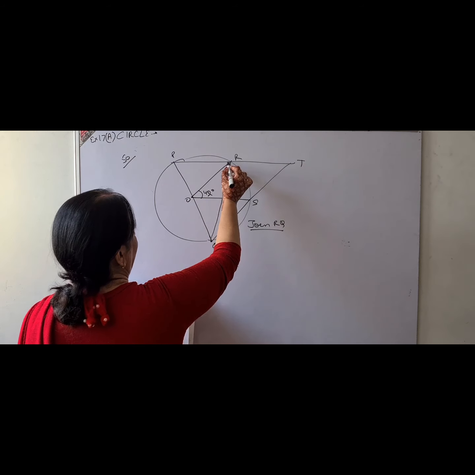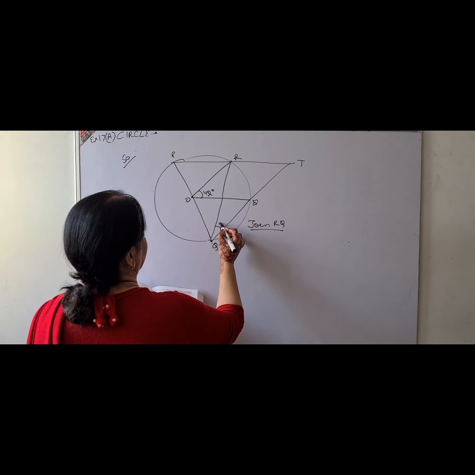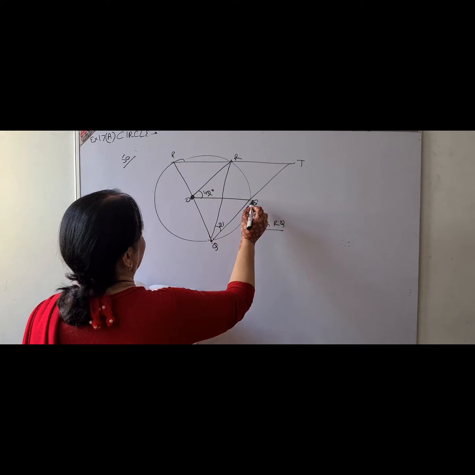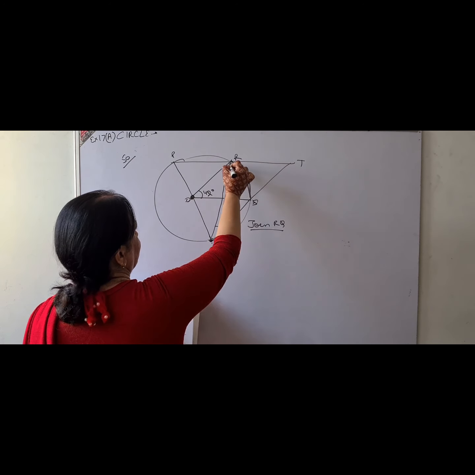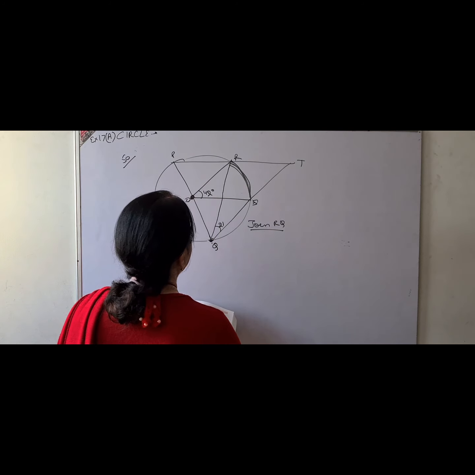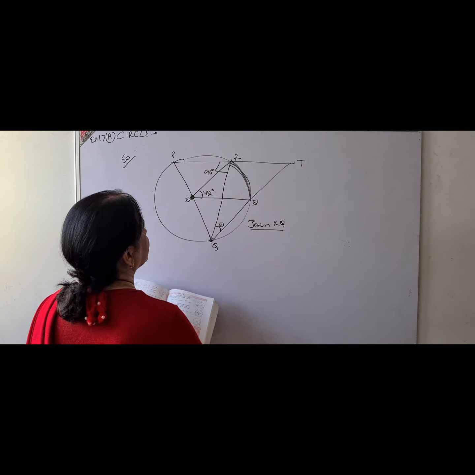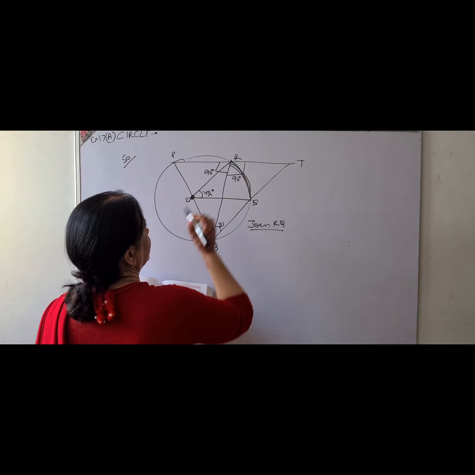See, angle ROS is 42, so RQS will be 21, because ROS is the central angle and RQS is the circumference angle made by the same arc. Then angle PRQ is 90, semicircle, so angle QRT is also 90, straight line.